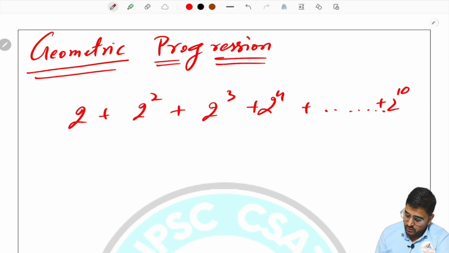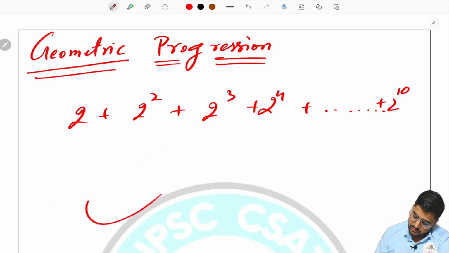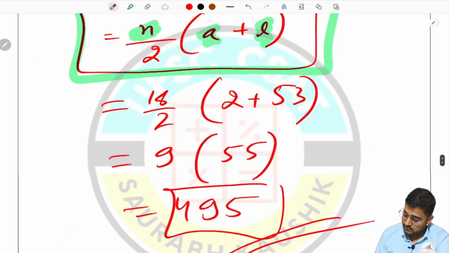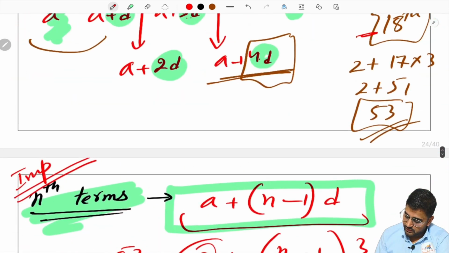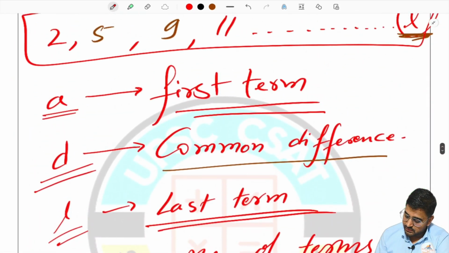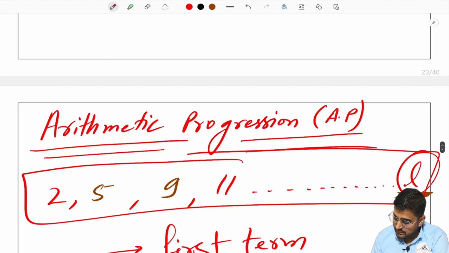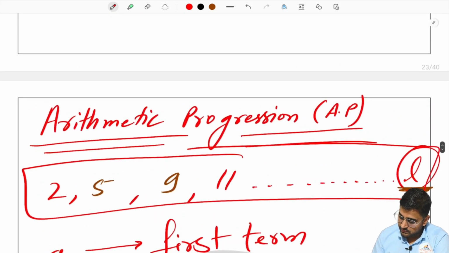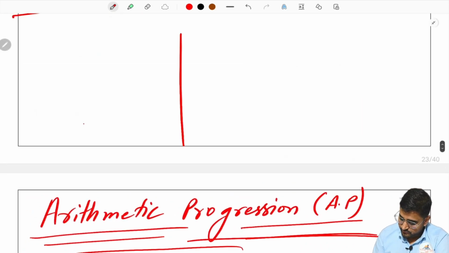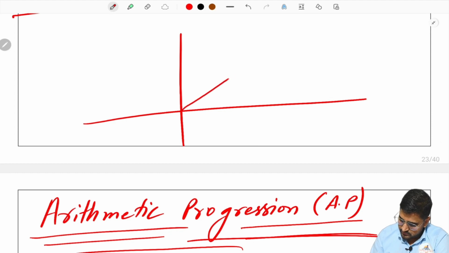What you are witnessing is a rampant exponential increase, whereas there is a linear increase in AP. Linear means the increase is like this. This is a linear increase for AP.